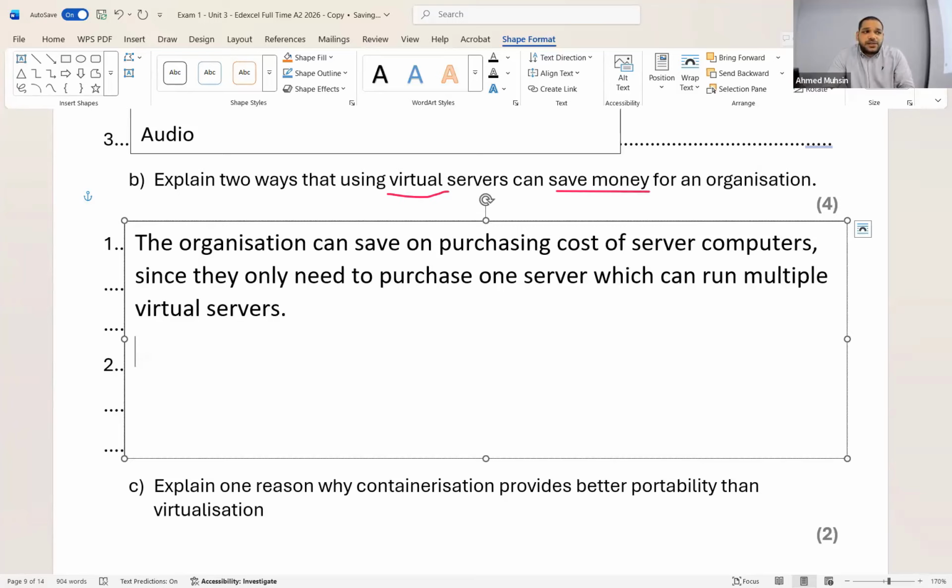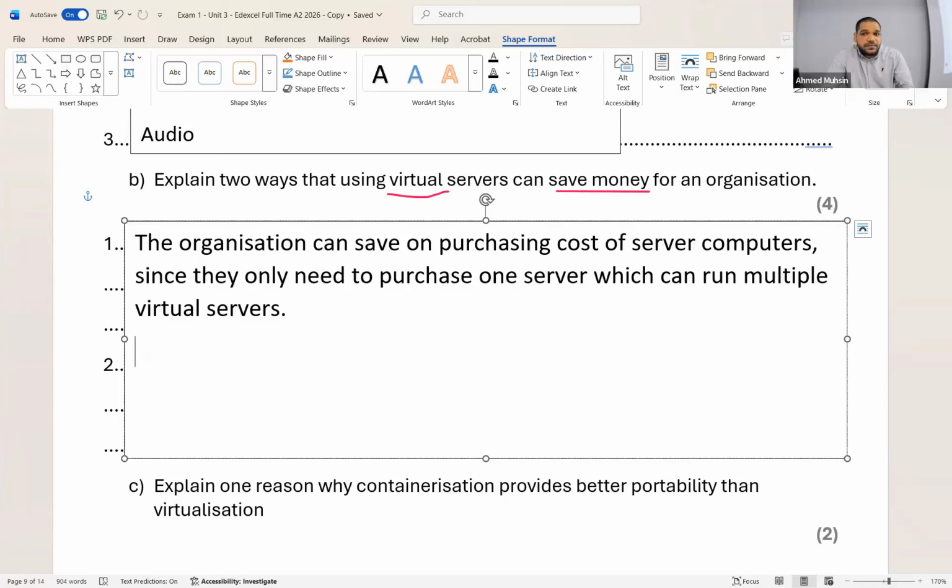Physical space. So you can't say physical space until, how will you bring cost with physical space? We're talking about peripheral devices. They can save on peripheral devices because they need to buy peripherals only for one server. Multiple servers, okay.